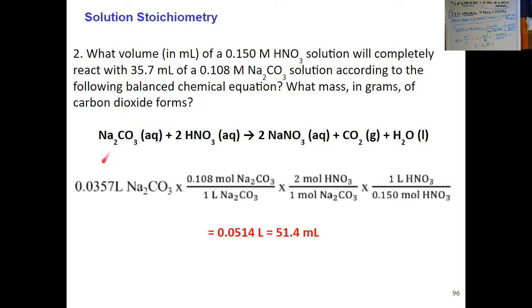Now notice here in this first step, I've already converted this into liters, right? 35.7 milliliters became 0.0357 liters. And that's because your molarity units are moles per liter. So I want to make sure that when I multiply it by molarity in this step, my liters will cancel out and I'll be left just with moles of Na2CO3.